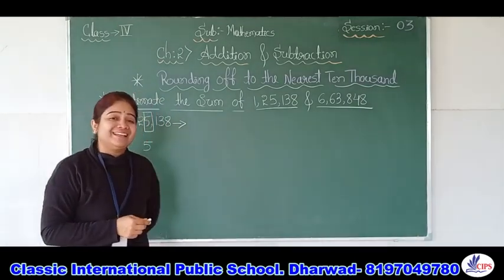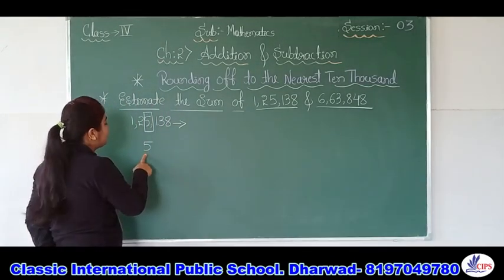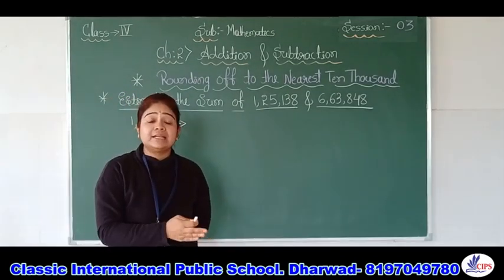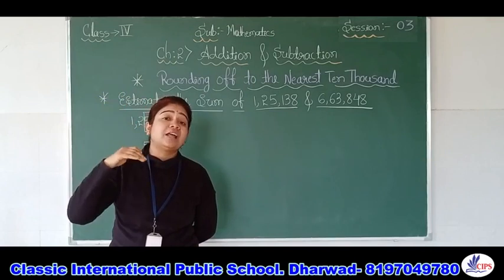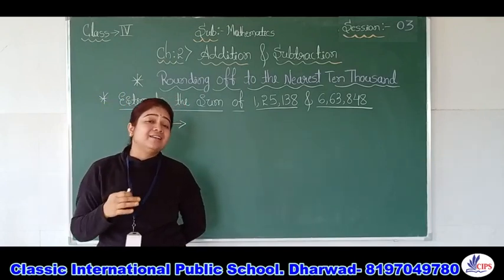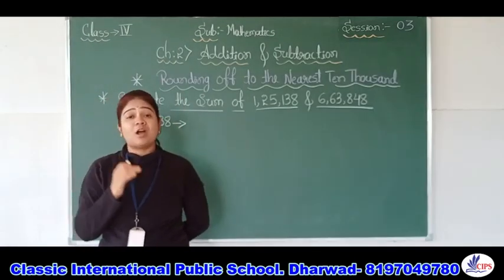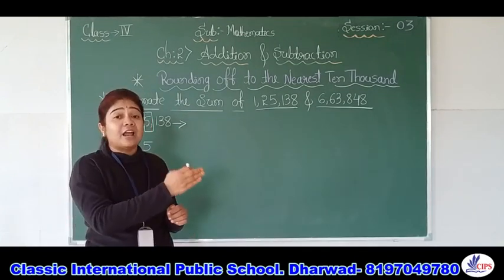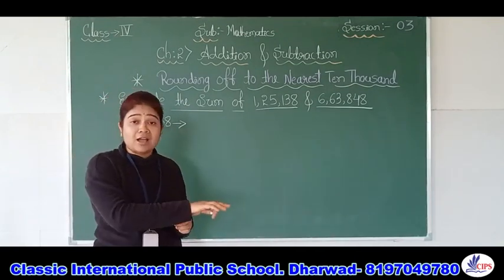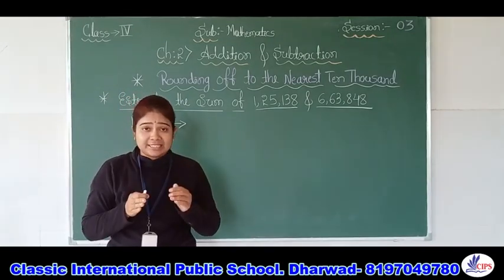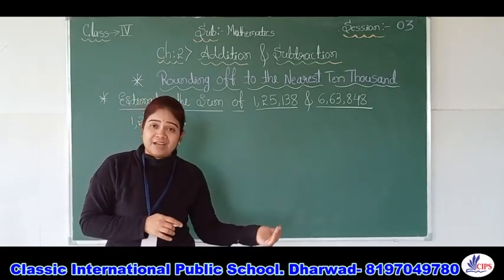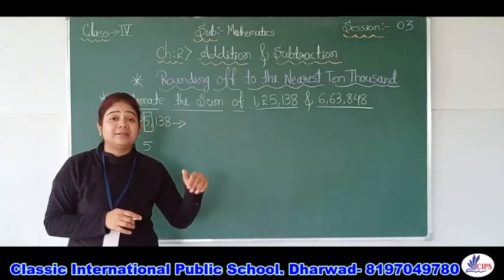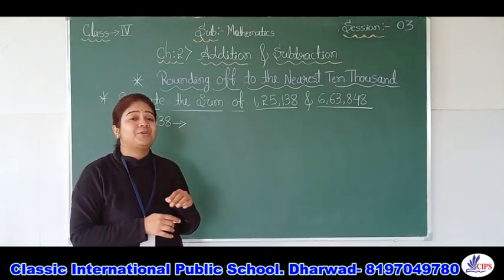If it is equal to 5, we have to apply the rounding up step. You know that. In the rounding up step, what are we doing? We increase the 10,000 place value digit by 1 and keep all the remaining place values as 000.